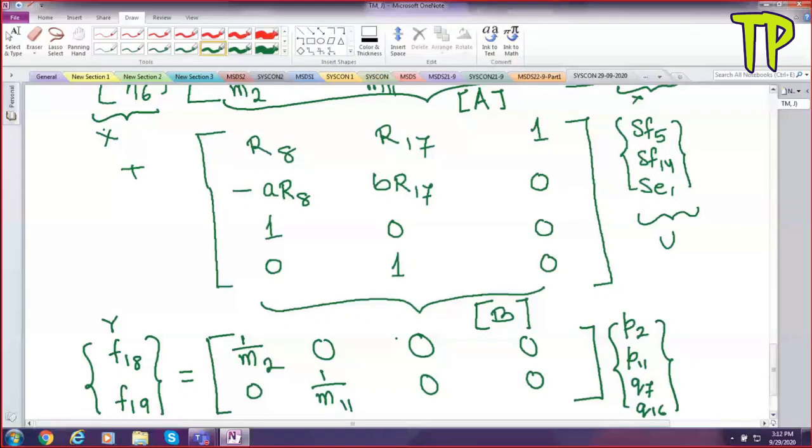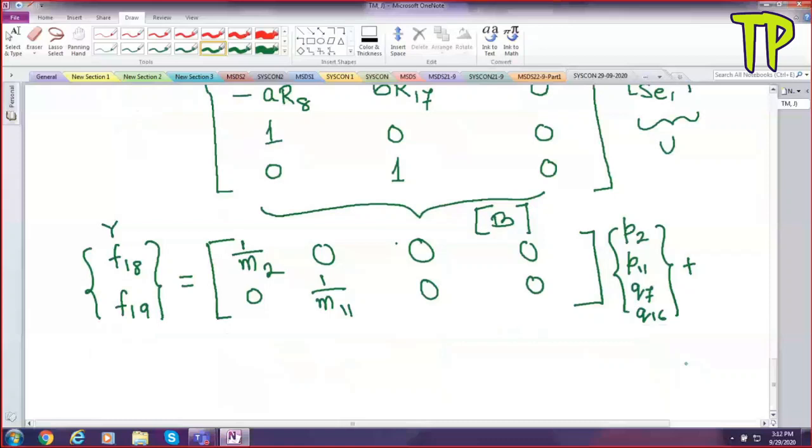So this is our C matrix plus DU. DU is absent, but it can be present in some systems. Plus, basically, we have 0. Step 4, let's say, what number I have forgotten.